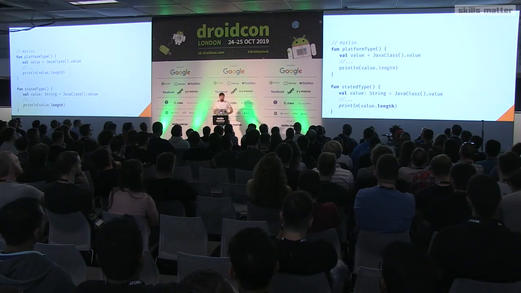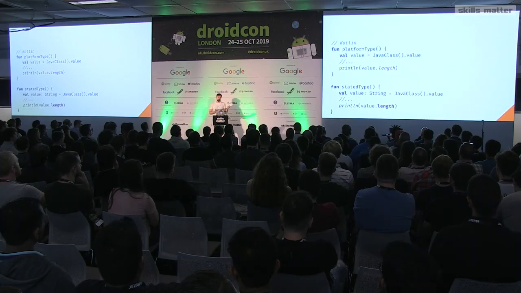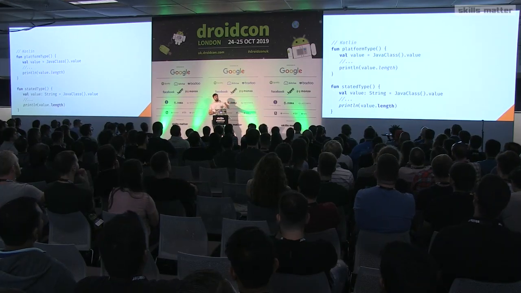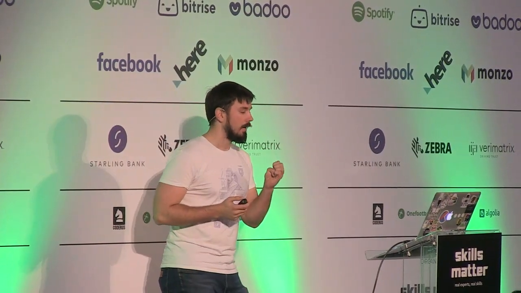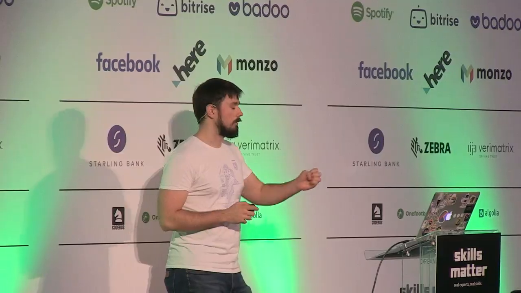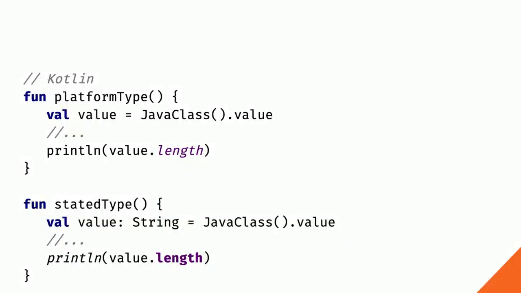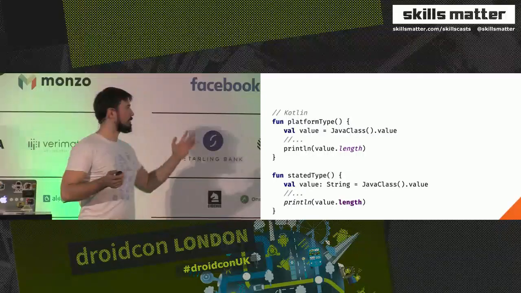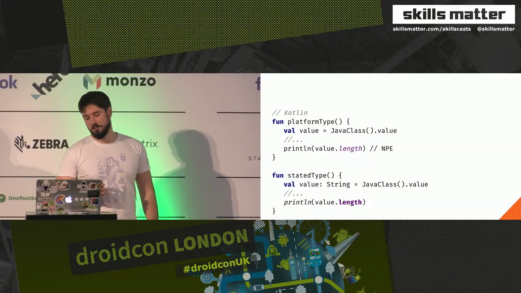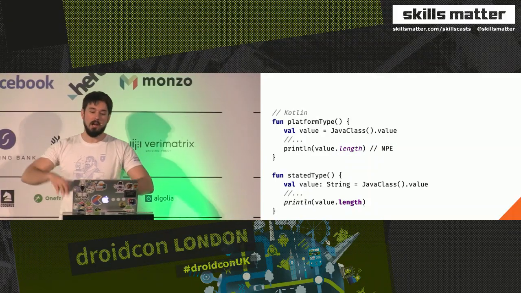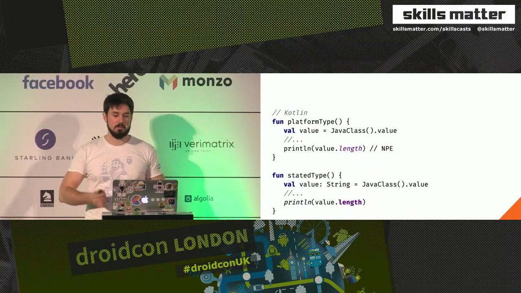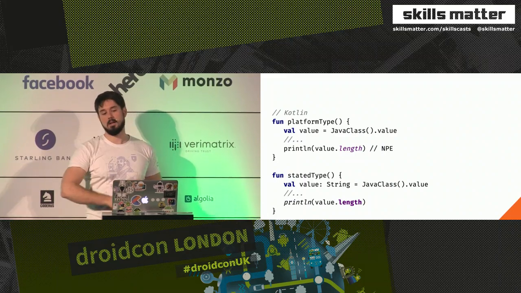See the difference between those two. In the first case, we are inferring platform type, and we might use this value many times safely. And then a new developer comes into our project and accidentally uses that unsafely, because nothing stops him or her from doing that. And he or she has this null pointer exception out of some expression, probably hard to track back, probably passed through some methods.